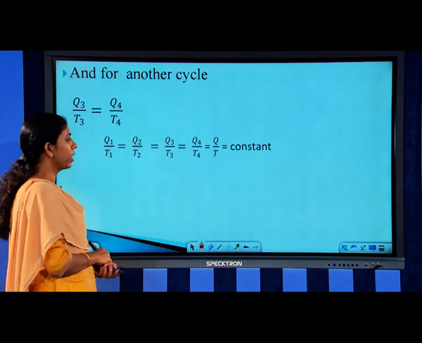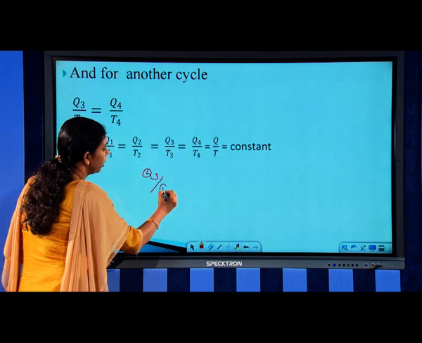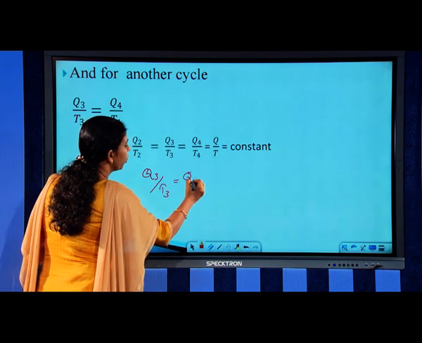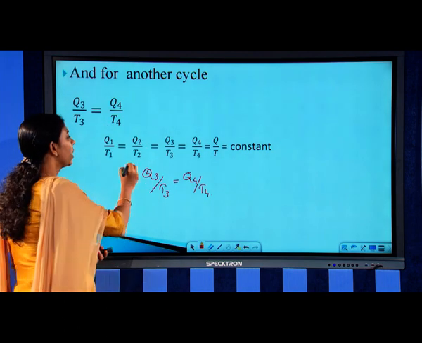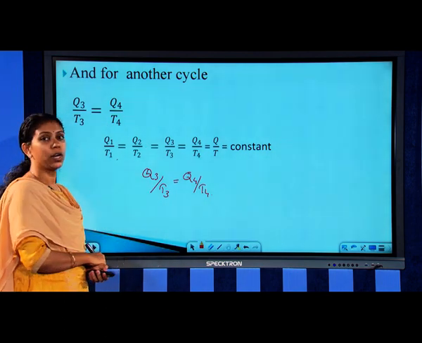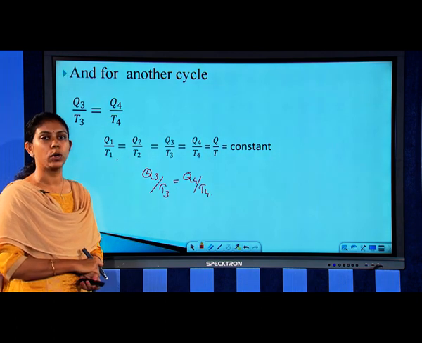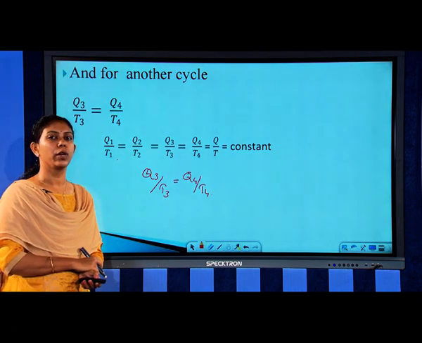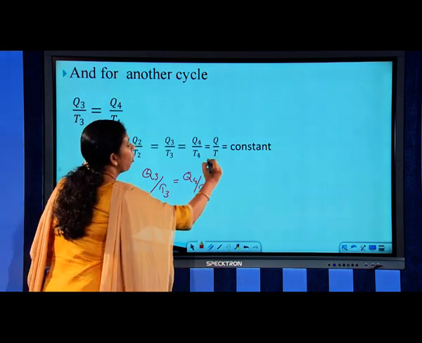And for another cycle the equation becomes Q3 by T3 is equal to Q4 by T4. These equations together give Q1 by T1 is equal to Q2 by T2 is equal to Q3 by T3 is equal to Q4 by T4 is equal to Q by T, a constant.